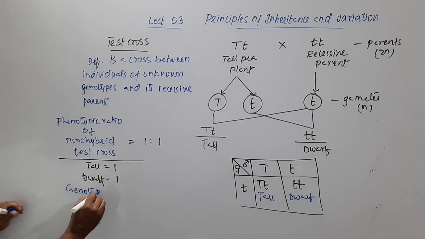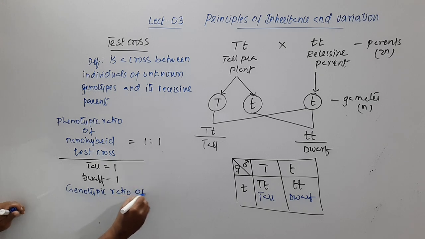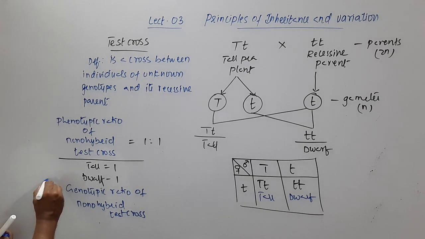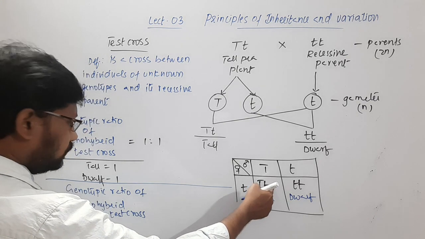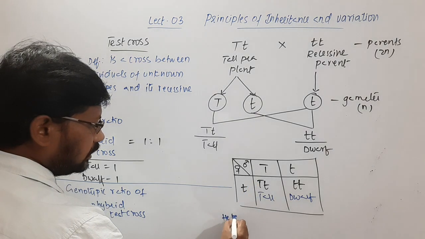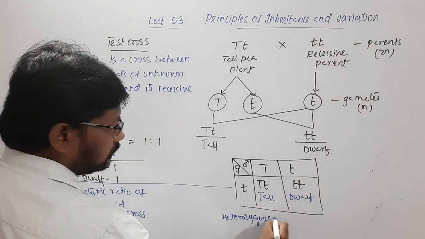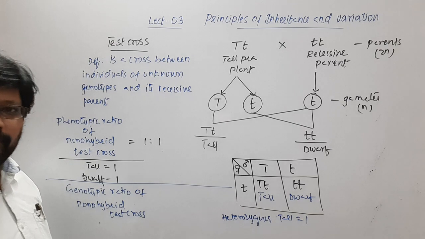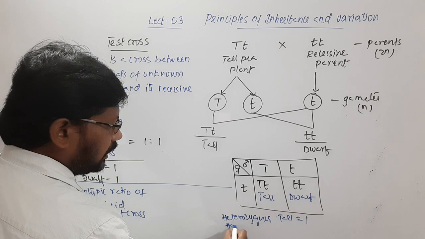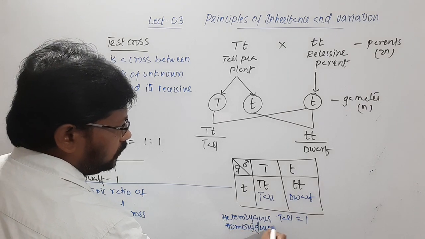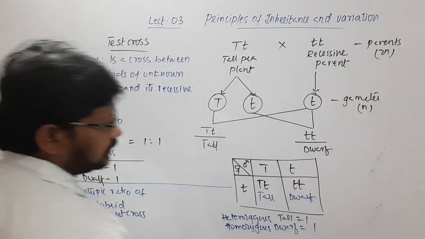So here, how many heterozygous tall do we have? Heterozygous tall is 1, and homozygous dwarf is 1.